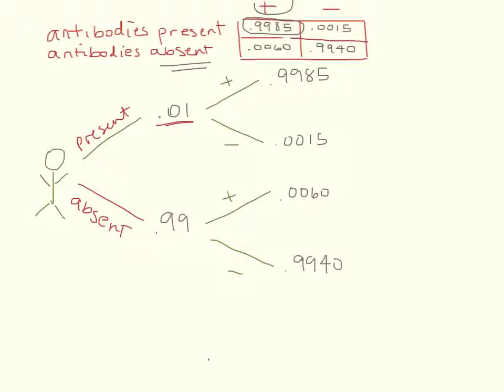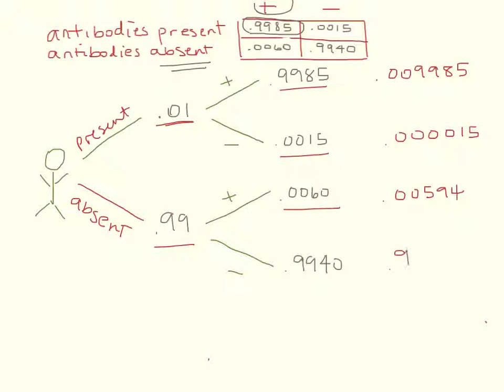So 0.01 times 0.9985 gives 0.009985. 0.01 times 0.0015 gives 0.000015. 0.99 times 0.0060 gives 0.00594. And 0.99 times 0.9940 gives 0.98406.